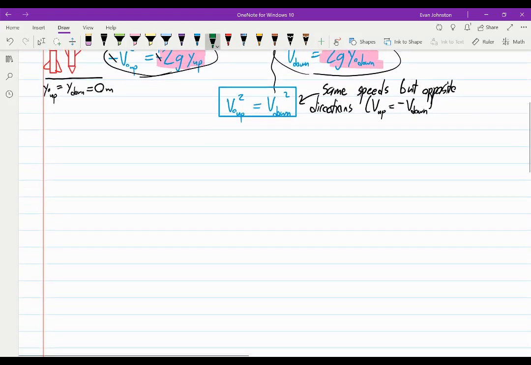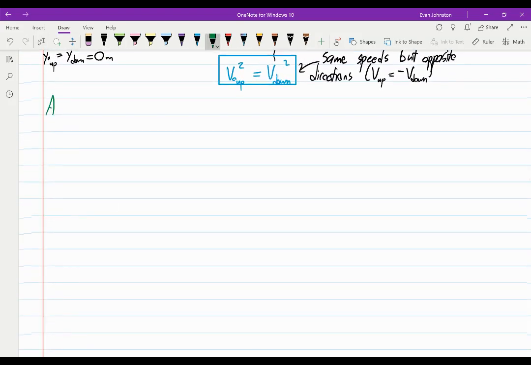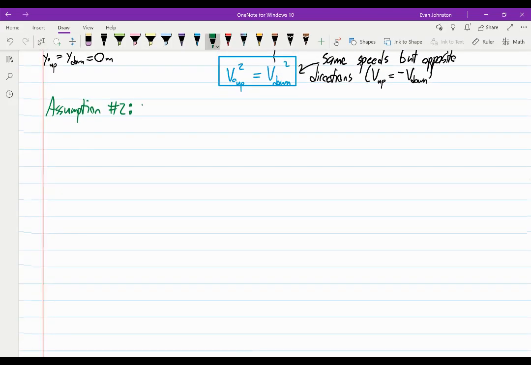So now, assumption 2. Our assumption 2 here is that it takes just as much time to go up as it does to come back down.